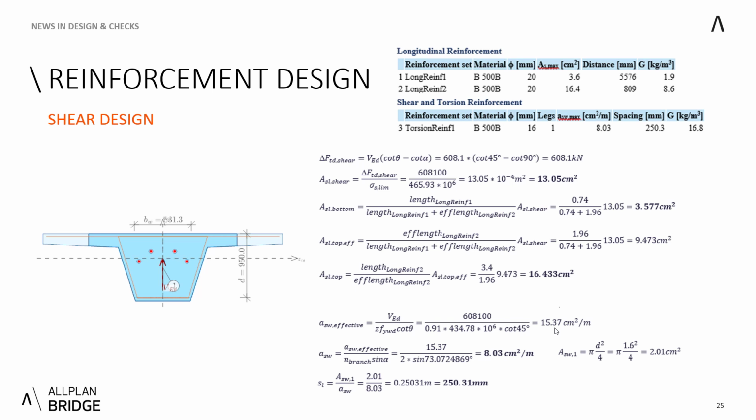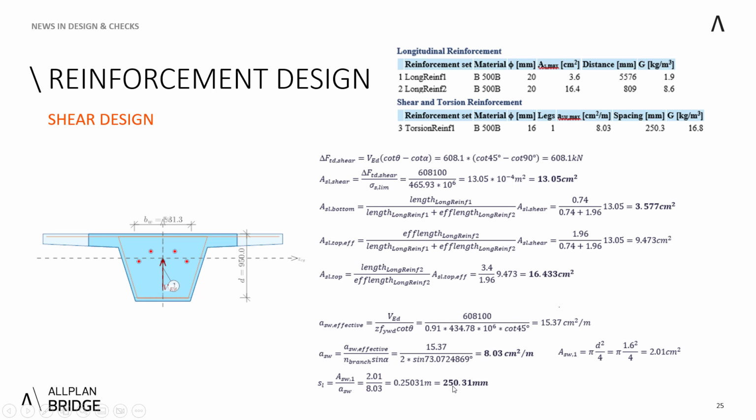And as I will explain later a little bit in the check part, we need to recalculate it by the inclination of the stirrups, and for one branch being 8.03 centimeters squared per meter, so the one that determines how much you need, and by the division of the area of one diameter. In this case, we have the 60 millimeters diameter of the stirrups.